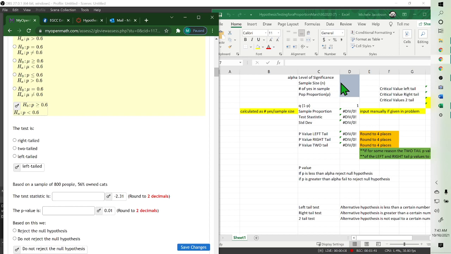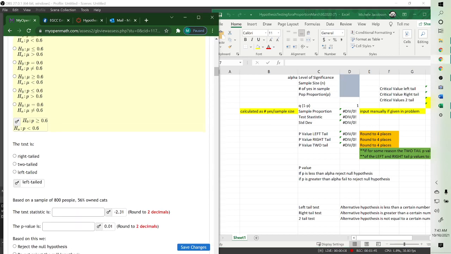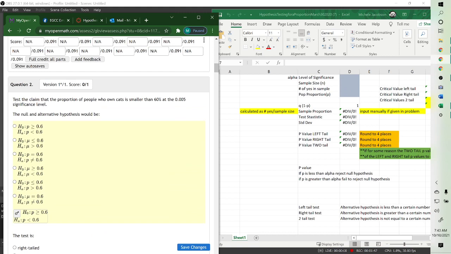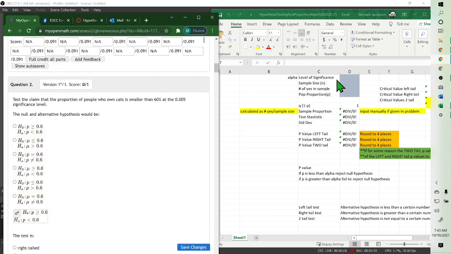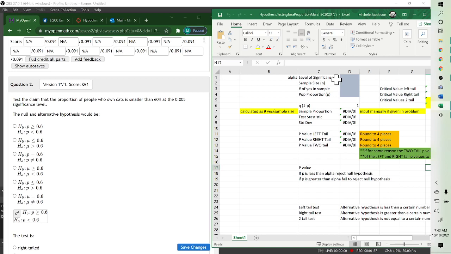Now to find your values, significance level is up here, 0.005.